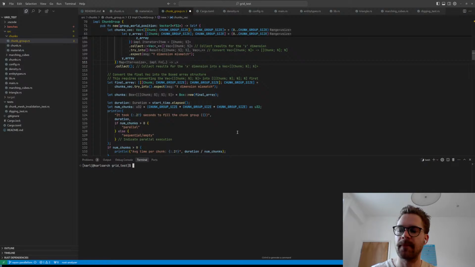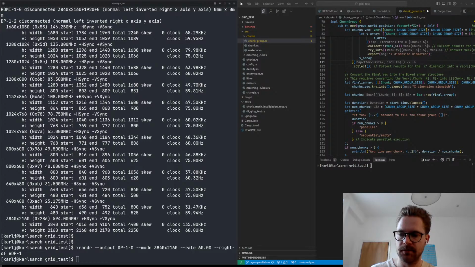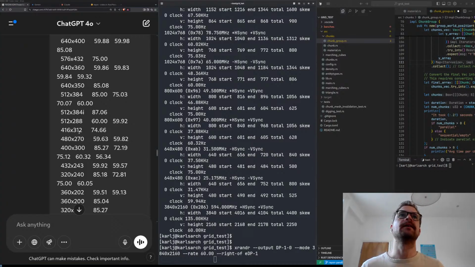Oh, wait. Still getting used to the window management in Arch. All right, going over to Windows 6 here. And then let's create new workspaces.